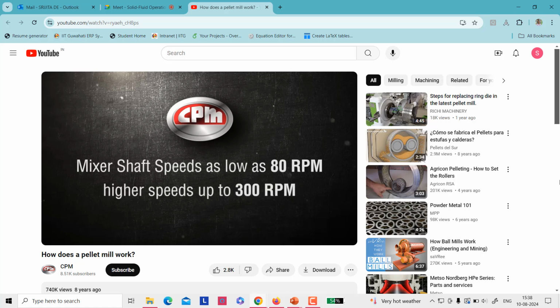This is the shaft rotation speed and its RPM.